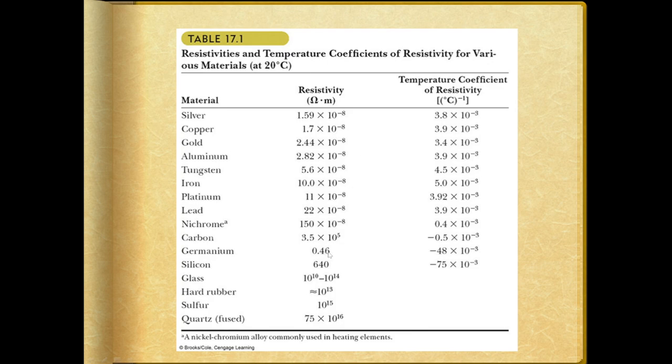Meanwhile, the highest values on this table, at values approaching times 10 to the 13th, 14th, 15th, 16th, are glass, rubber, sulfur, weirdly, I wasn't expecting that one, and fused quartz. Very good resistors, just based on what they're made out of. I didn't know that about quartz or sulfur, actually. Not off the top of my head.